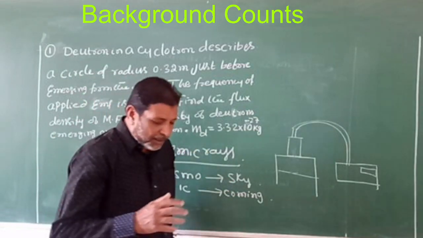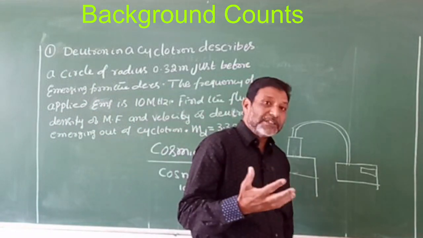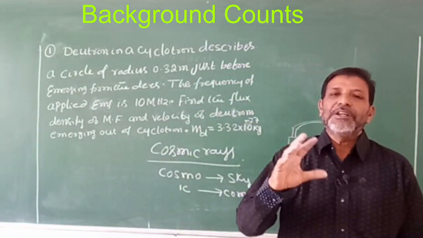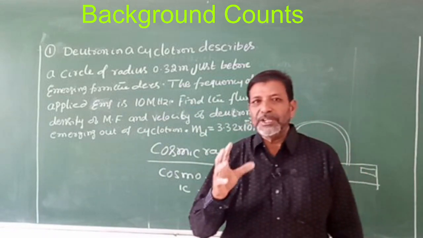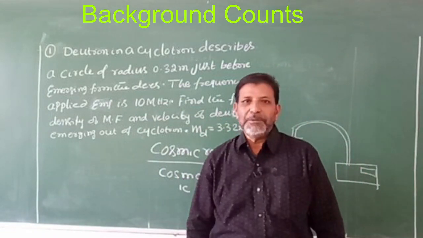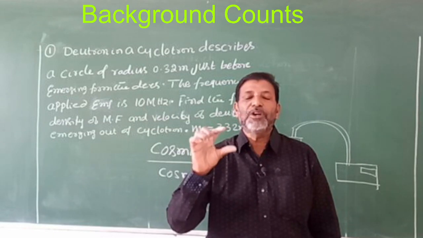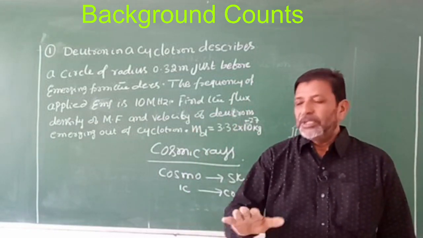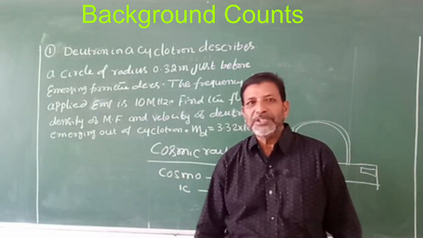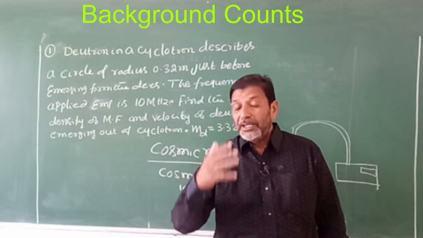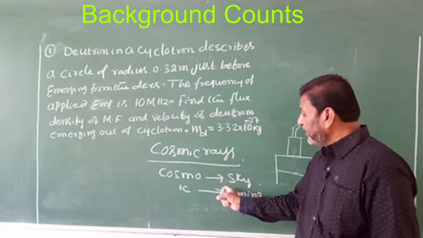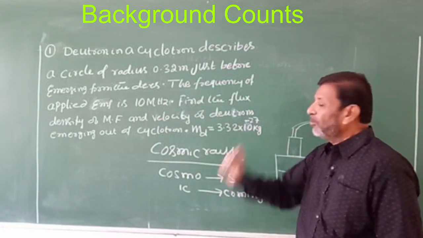Before revising the syllabus, in the old syllabus for the 5th and 6th semester, there was a small topic regarding cosmic rays. But now that has been removed from your syllabus. Cosmic rays means the rays which are coming from the sky.